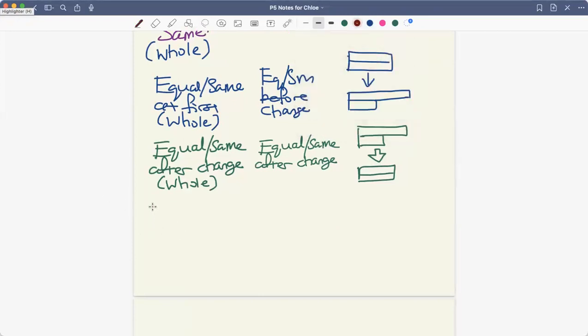So what you see is one fraction of blah blah blah is equal to or same as. So this is called equal fractions.